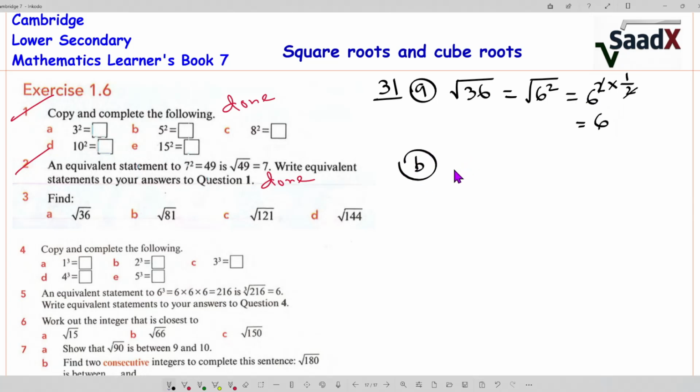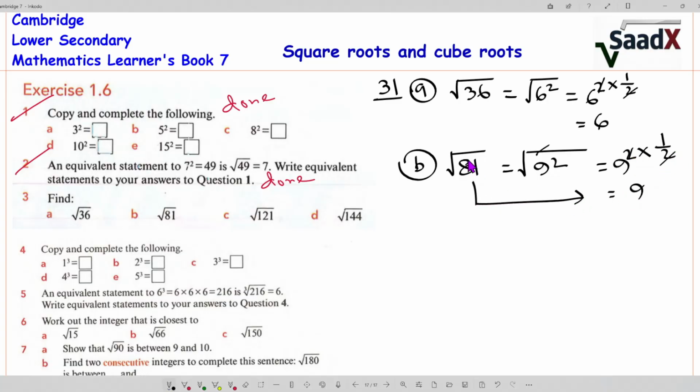Number B, root 81. We can write 81 as 9 squared. So 9 squared times 1 by 2. Why? Because against root we can write power 1 by 2. So 2 and 2 cancel out, 9.